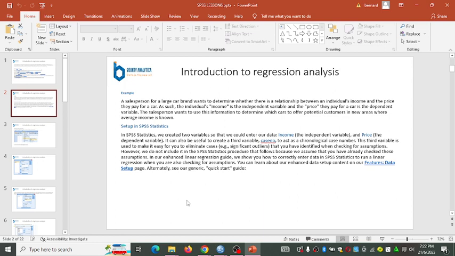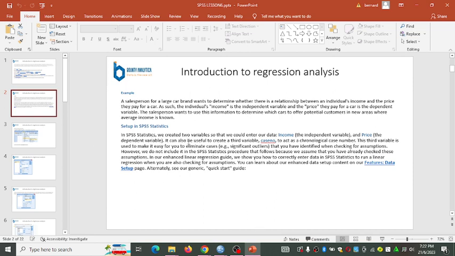So in SPSS, we need to create these variables. I shared with you the data: income and price. In SPSS Statistics, we created two variables so that we could enter our data. We have the income, which is the independent variable, and the price, which is the dependent variable, right?